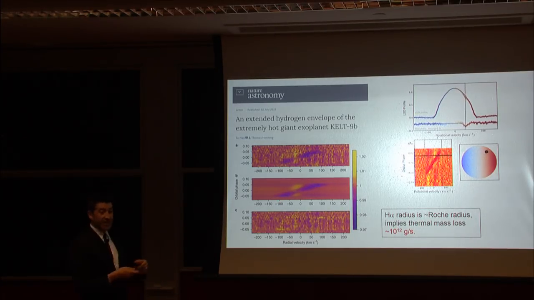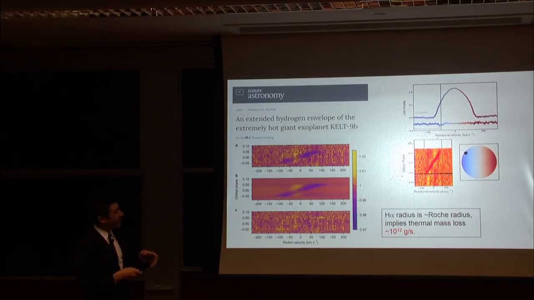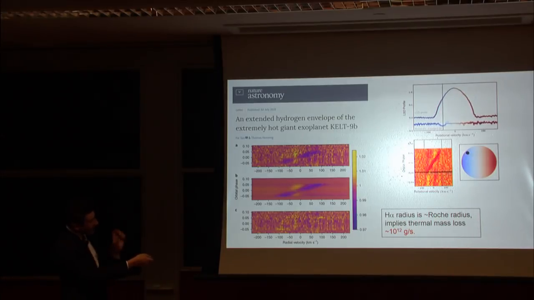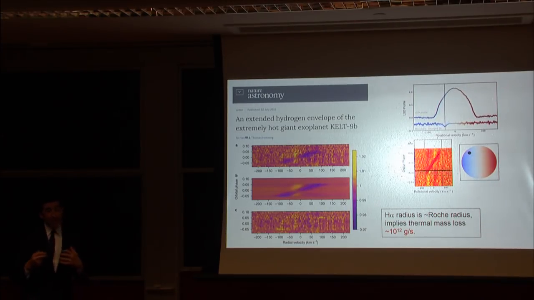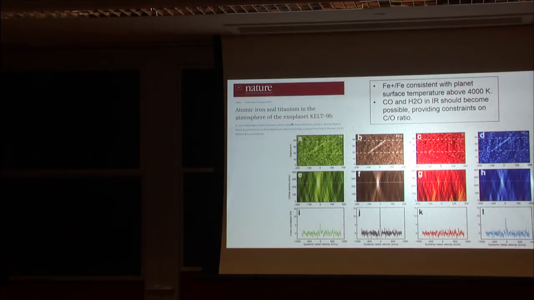Here is a measure of the size of the planet specifically in hydrogen. And it turns out that in hydrogen, the planet fills its Roche radius. And so now you can pin down even better what the mass loss rate is, and it agrees with our original estimate, but it's somewhere in this range. So it's pretty prodigious mass loss.